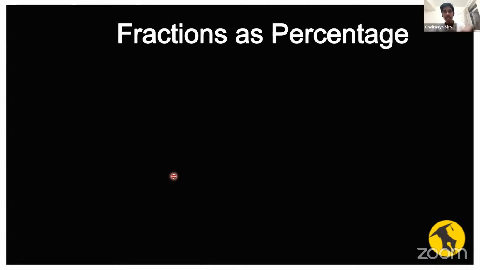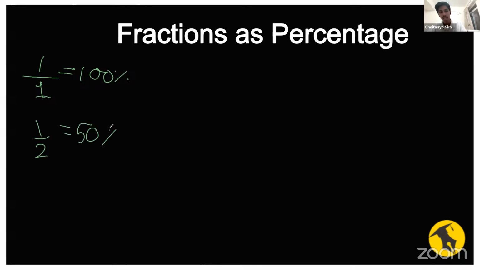To begin with, let's write the different fractions as percentages. First we have 1 upon 1. We all know it's 100%. Then I can write 1 upon 2. This is nothing but 50%. 1 upon 3 is 33.33%.